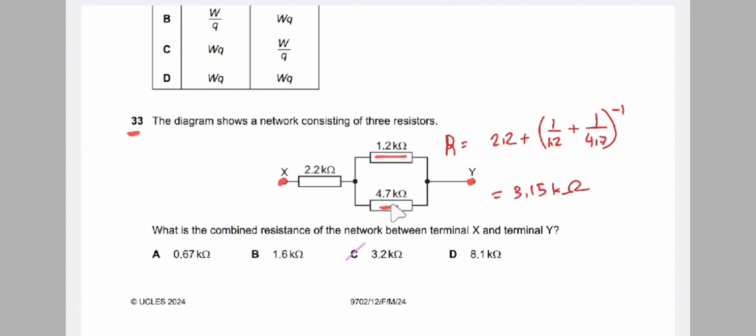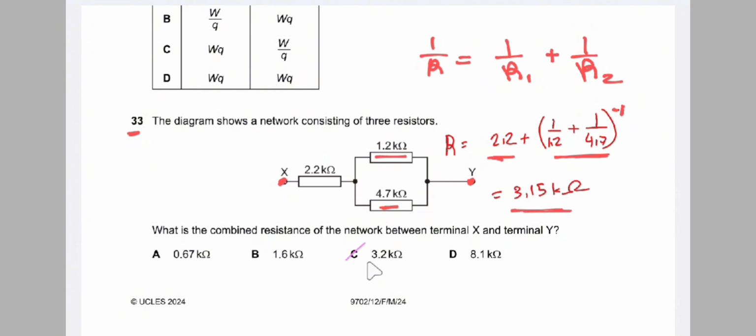The resistance of the parallel combination is given by 1 by R is equal to 1 by R1 plus 1 by R2. After using this equation, we calculate the resistance for the parallel combination plus the series resistor. So the total resistance comes to be 3.15 kilo ohm, that is approximately 3.2 kilo ohm.